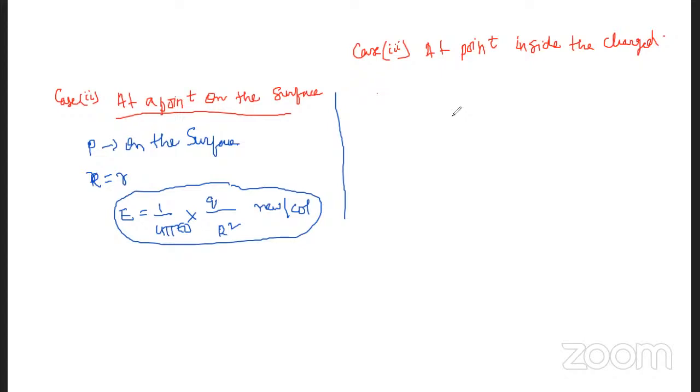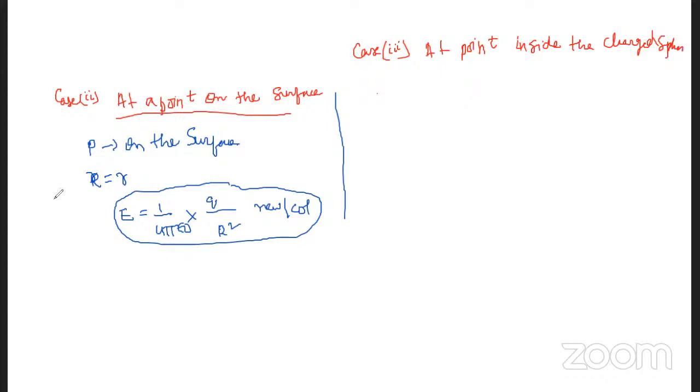Here we have to see a point inside the charged sphere. For this purpose, we shall find the electric field E at a point P inside the charged sphere. We'll take that point P located inside at a distance of R dash.